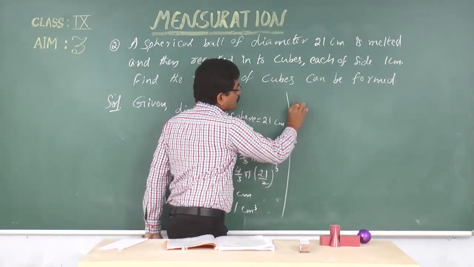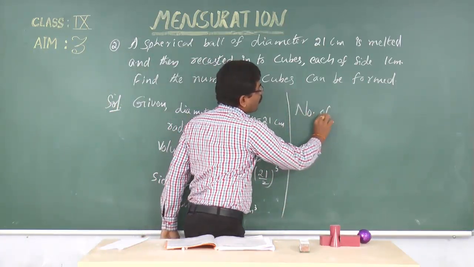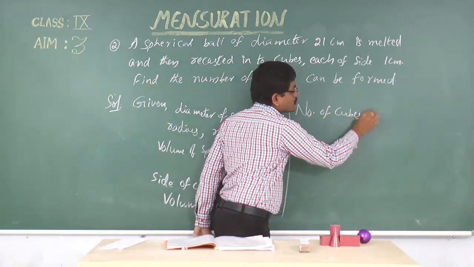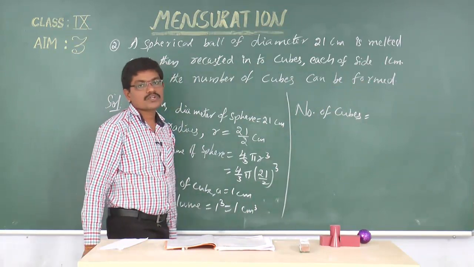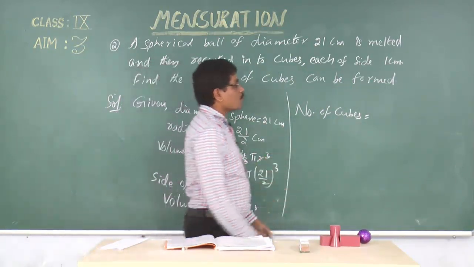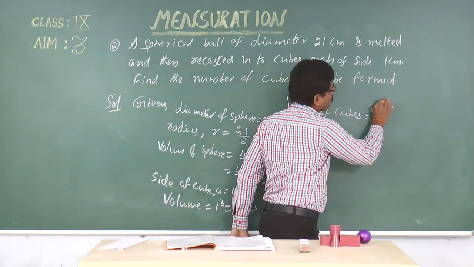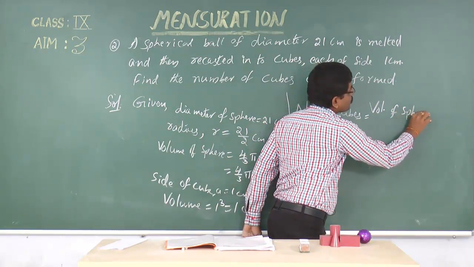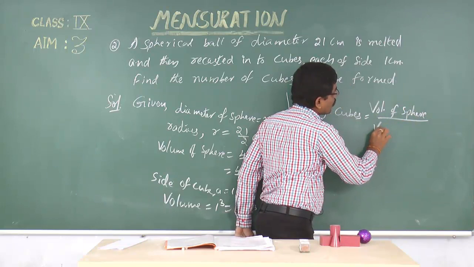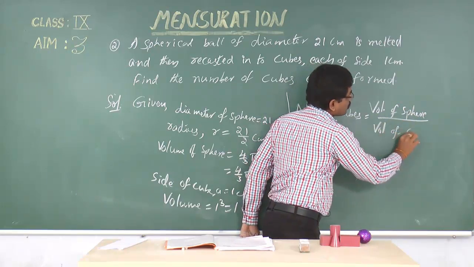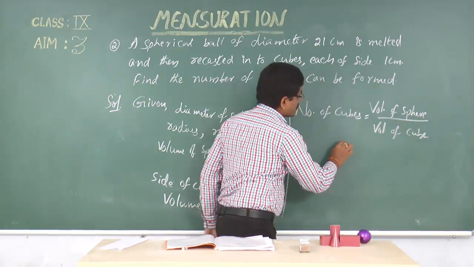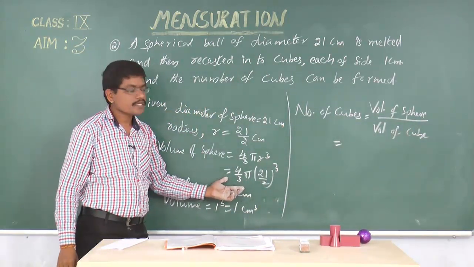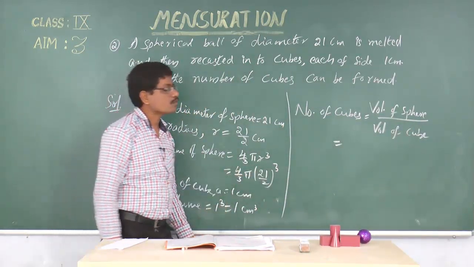Now find the number of cubes. Number of cubes is equal to volume of sphere by volume of cube. Volume of sphere is 4 by 3 pi 21 by 2 cube.